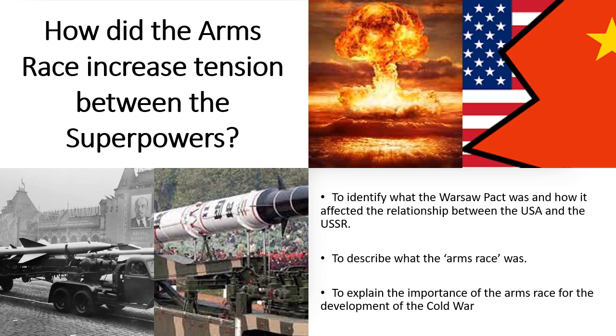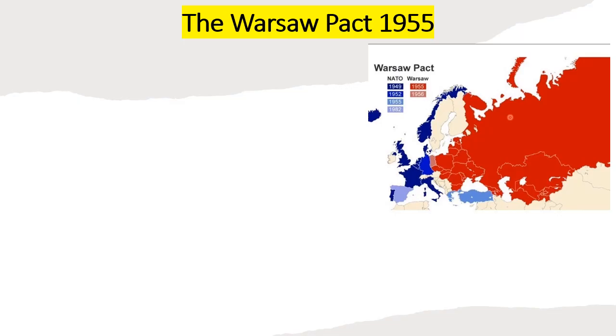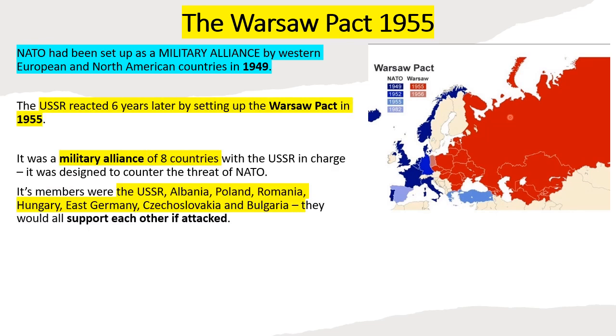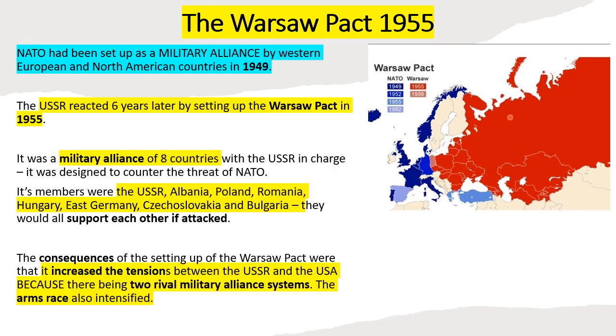The next chunk I'm going to look at with you is about the arms race and how that certainly increased tension between East and West, making nuclear war much more likely. Okay. In 1955, the Warsaw Pact was set up. This was an alliance of Eastern Bloc countries that were under control of the Communist Party, taking their orders from Moscow.